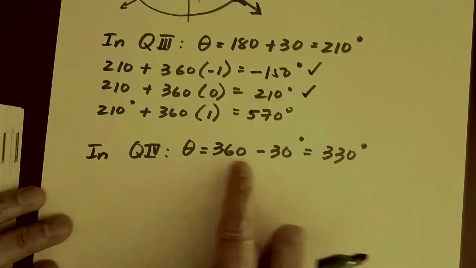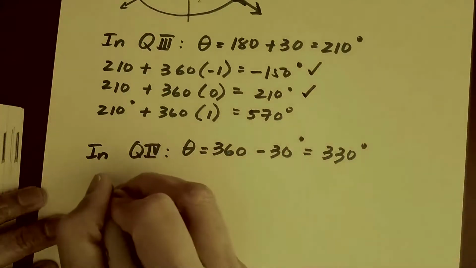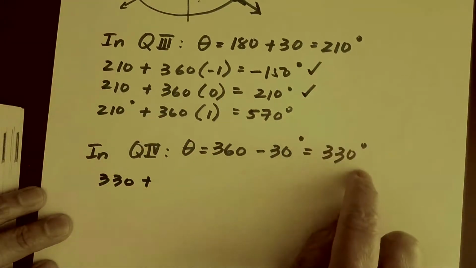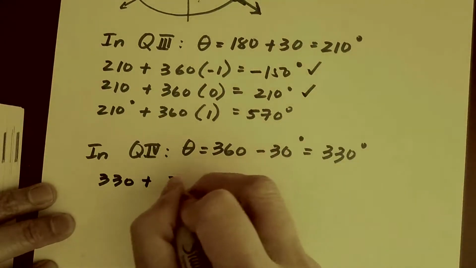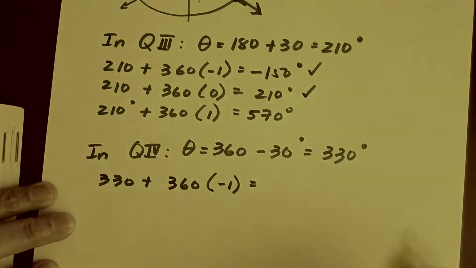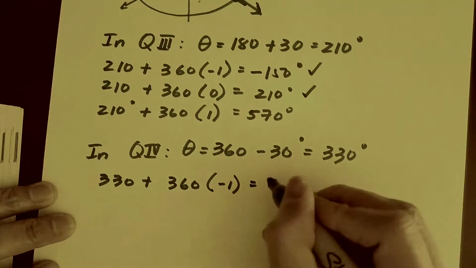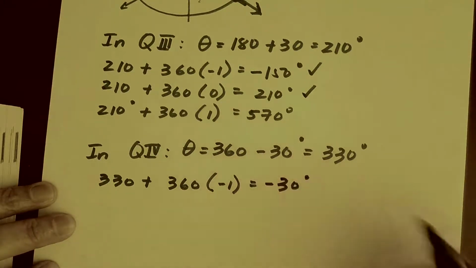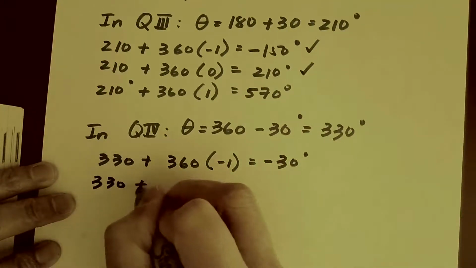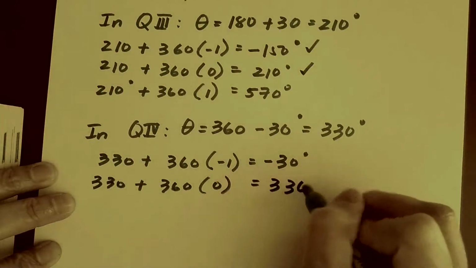Now let's take a look at the last piece, 330 degrees. So our angle is 330 degrees plus, we're going to look for the coterminals of these things. 360 times negative 1, that's going to be negative 30. 330 plus 360 times 0, so that's just 330 degrees.